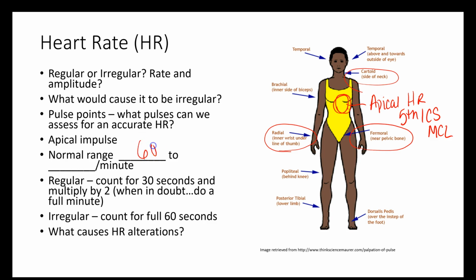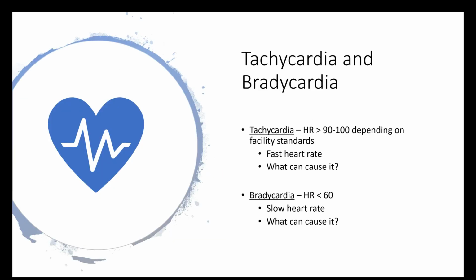Our normal heart rate is 60 to 100 beats per minute, and again, I said some facilities say less than 90 is normal, but for my class, please know 60 to 100. Okay. All right, so here's our tachycardia, greater than 90 or 100, depending on it. Okay, we talked about exercise.